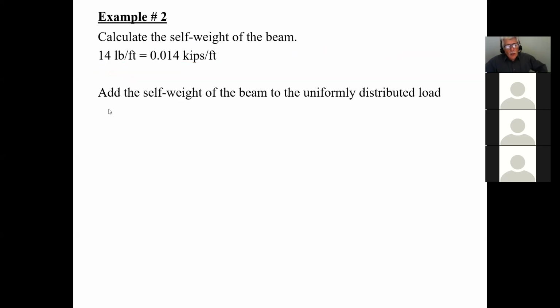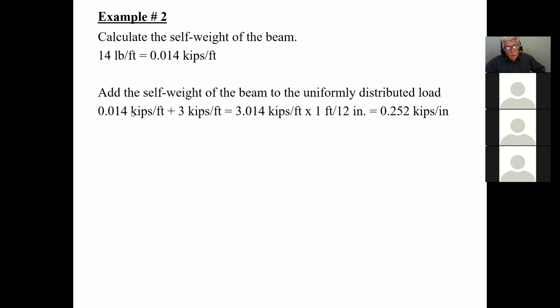Now, add the self-weight of the beam to the uniformly distributed load. Of course, I have 0.3 kips per foot. Now, the thing is that when you're doing things in imperial, you should always work in inches. So you should convert your kips per foot to kips per inch.